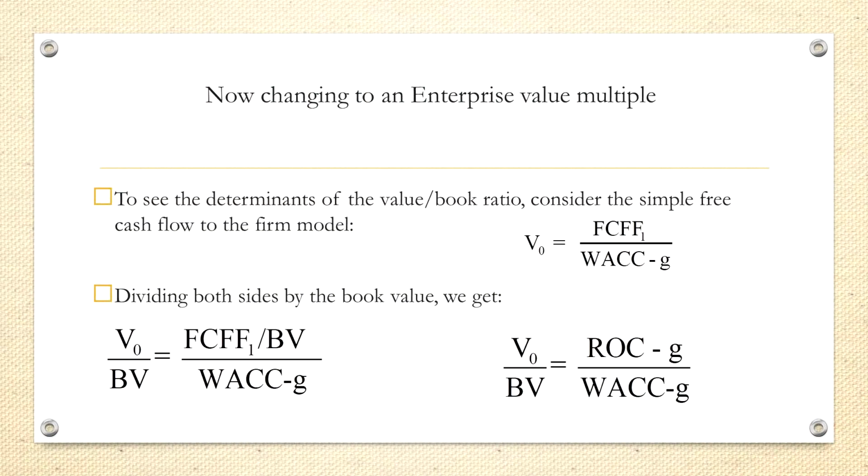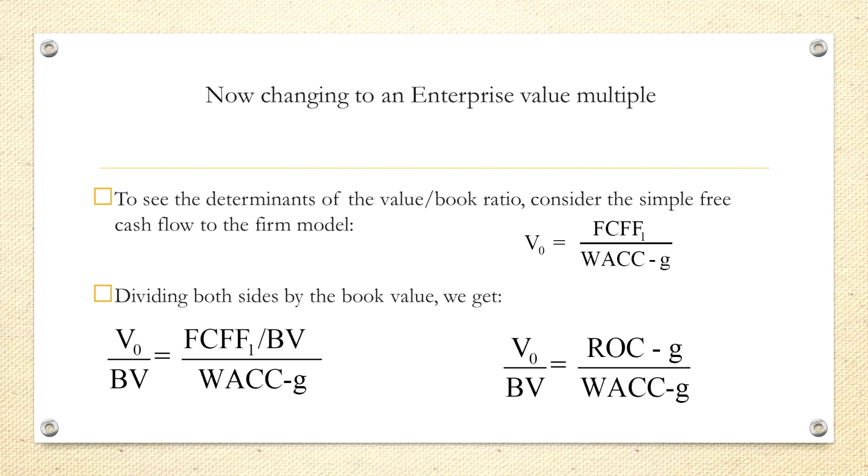Previously we used the equity book value ratio, the P/B ratio, which is based on equity value. But here we can use firm value to develop a similar ratio, the firm book value ratio, and this ratio depends on the relative level of ROC and WACC. What is ROC? Return on capital. What is WACC? Cost of capital.